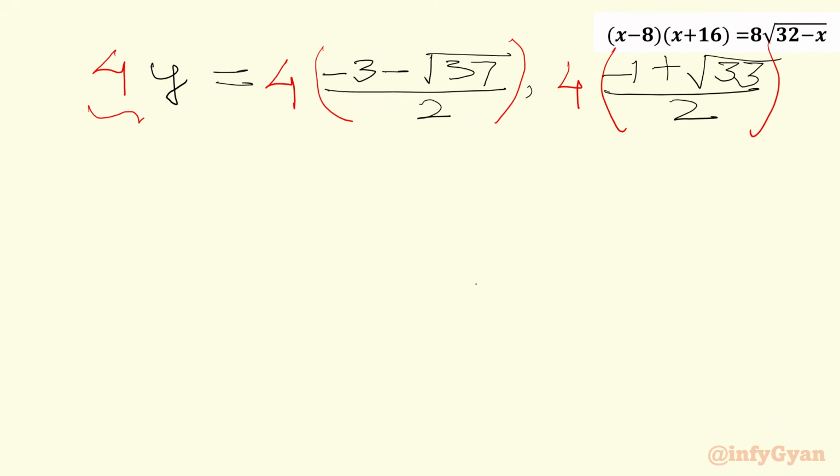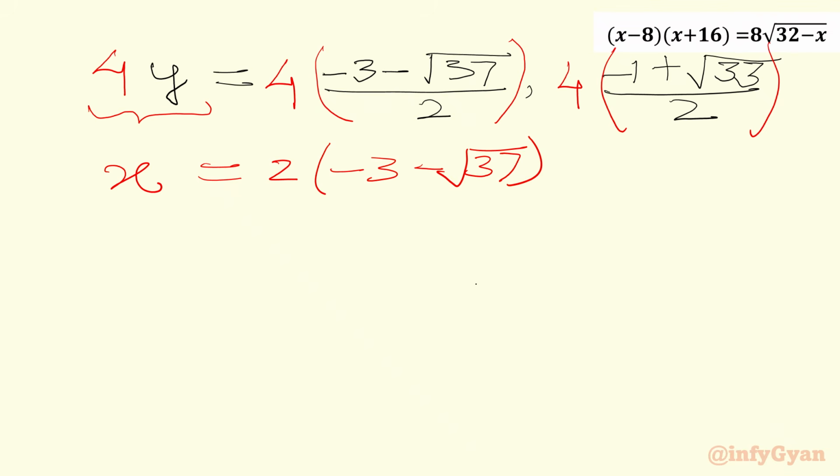Now 4y is x. We will write here x equal to 4 over 2 is 2, so we will write 2 times (−3 minus square root 37). 4 over 2 is 2, 2 times (−1 plus square root 33).